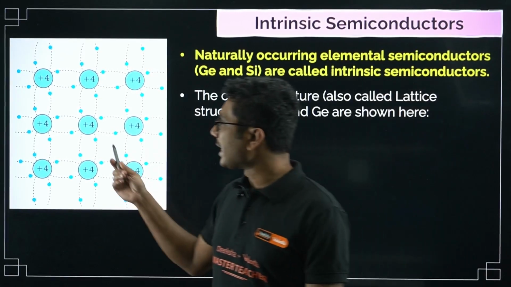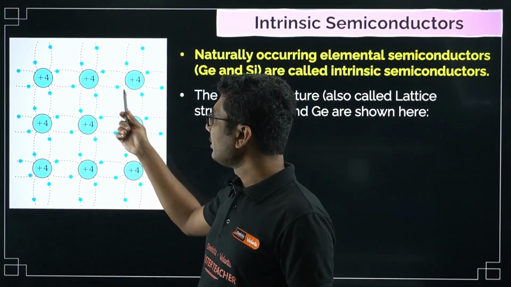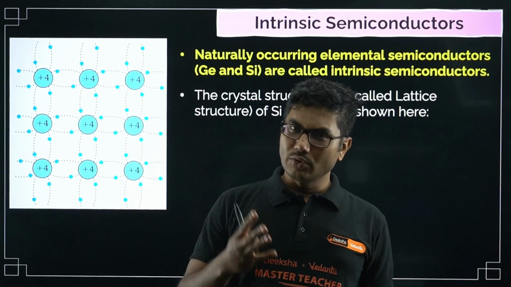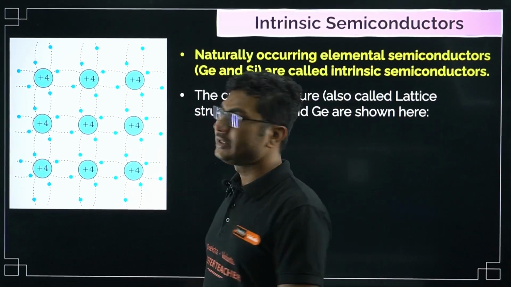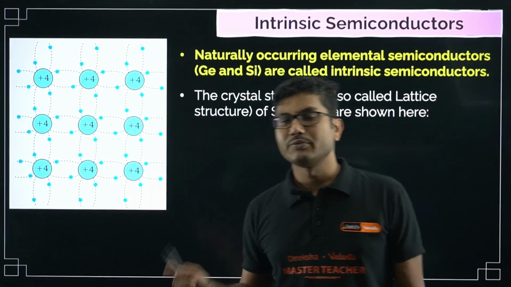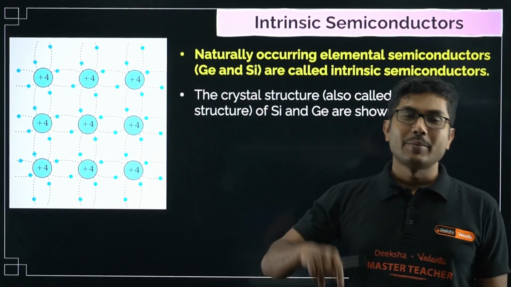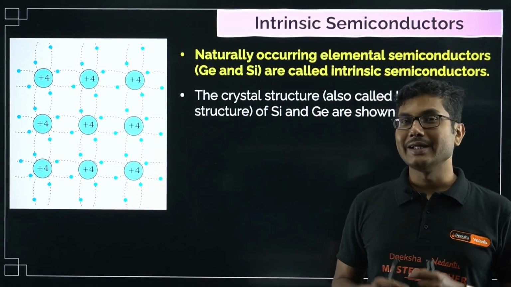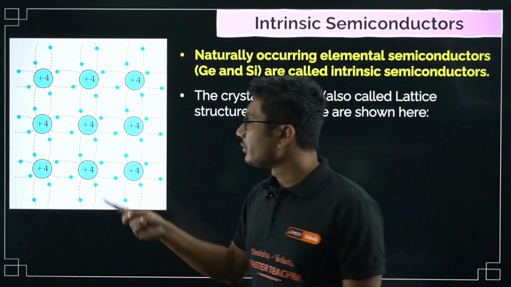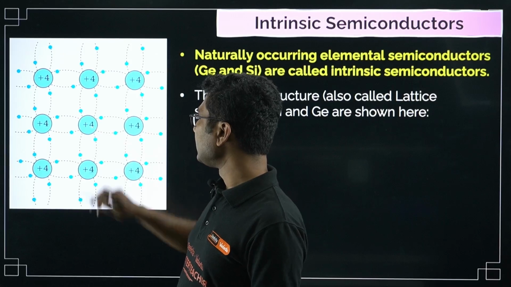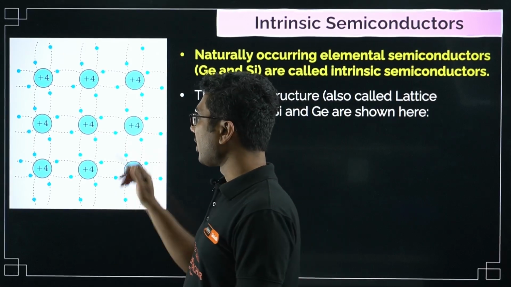As you can see, silicon has valency 4. Valency 4 means it requires 4 other silicon atoms near it so that it can create a covalent bond with them. Here, suppose this is our central silicon, our hero.